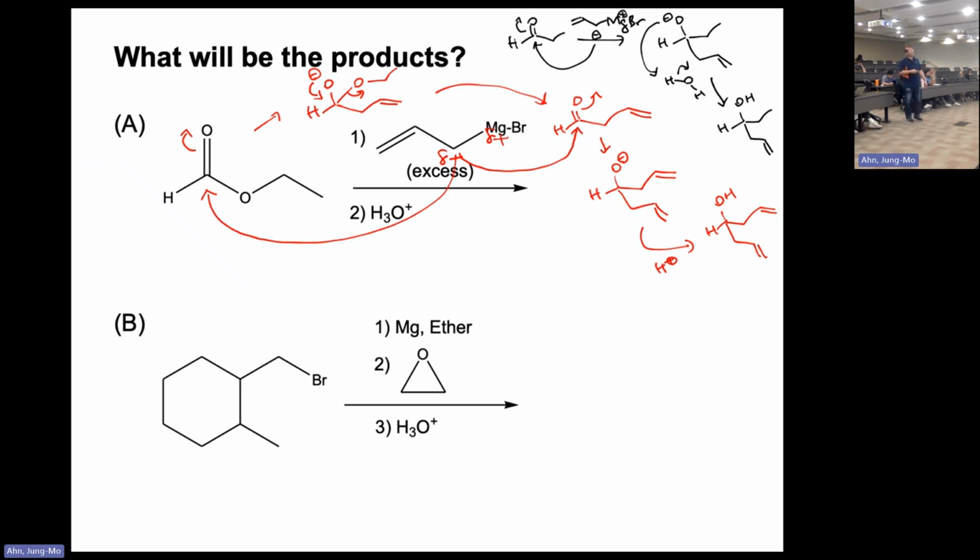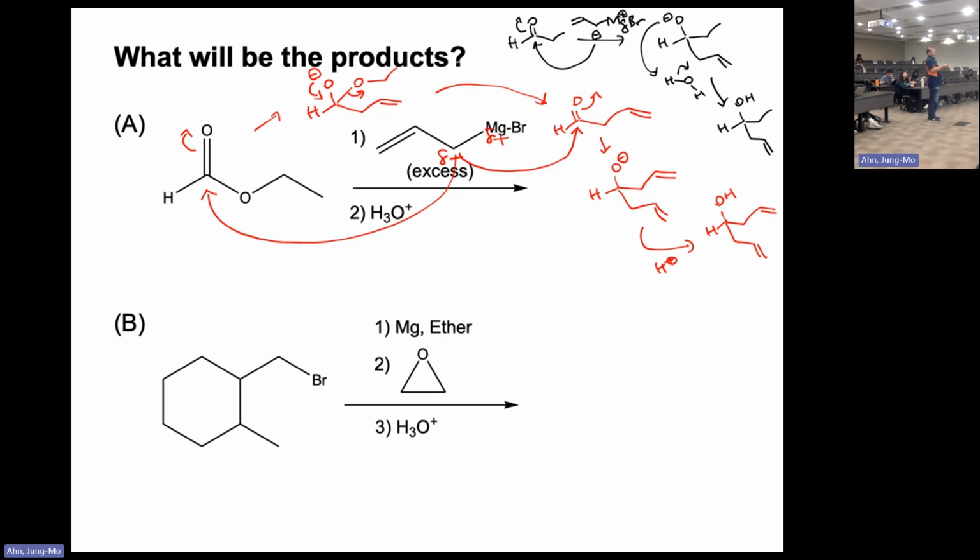I know some people are looking for this cue, but we don't normally put the excess, because that's already giving up the hint. So you're probably not going to see the excess. I'm just putting it there because it's actually used twice. But on an actual test question, you're not going to see excess there. If it will react further, then you should expect there will be excess reagent available.